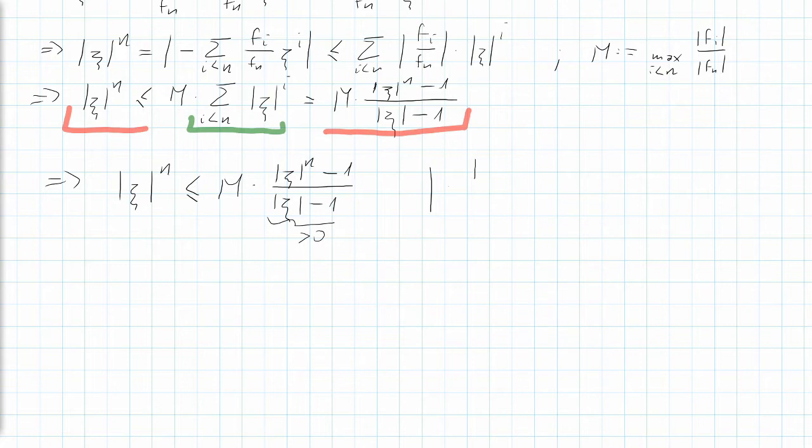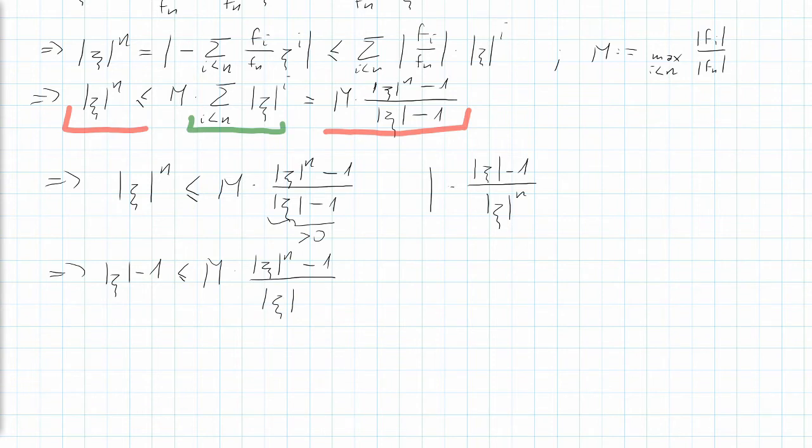Of course, the left-hand side is also strictly positive. So we can multiply both sides of our inequality by the following positive expression. And what we get is that the absolute value of psi minus 1 is bounded from above by m times the nth power of the absolute value of psi minus 1 over the nth power of the absolute value of psi.